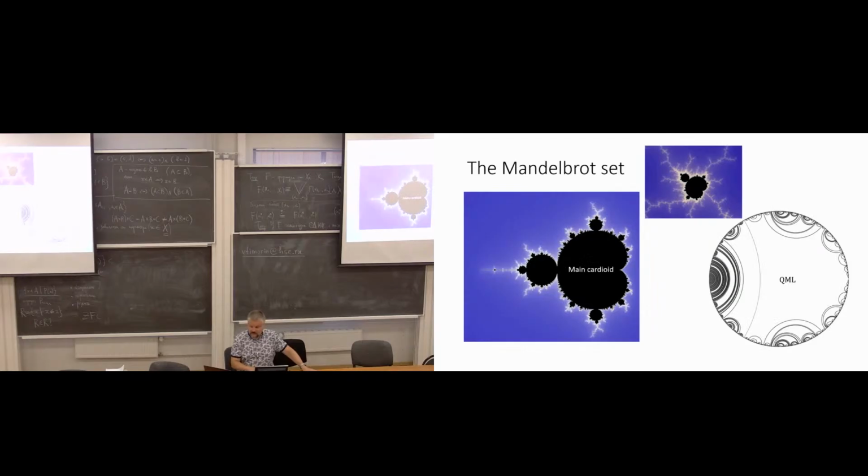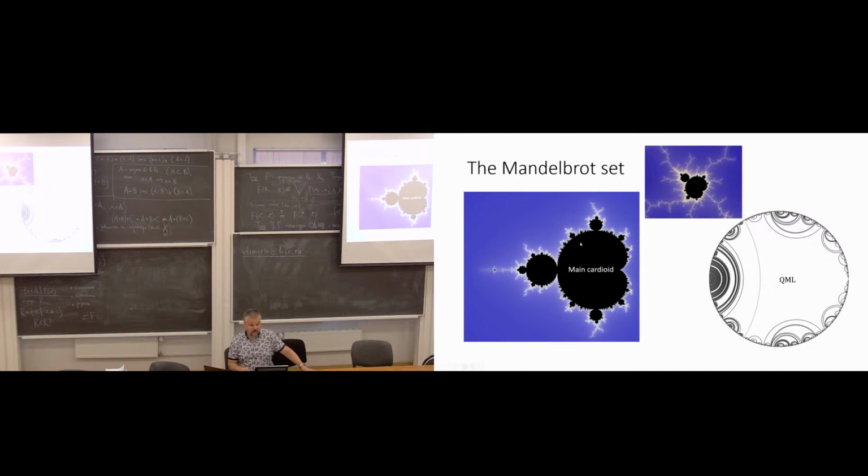Okay, so this is again the Mandelbrot set. Inside you see the component called the main cardioid, and somewhere inside this main cardioid, the center is the point 0, which we discussed, that corresponds to the map z squared. The dynamics of this map is what we discussed before.